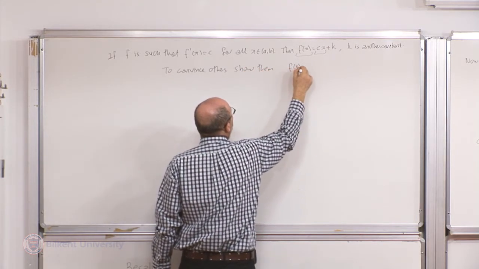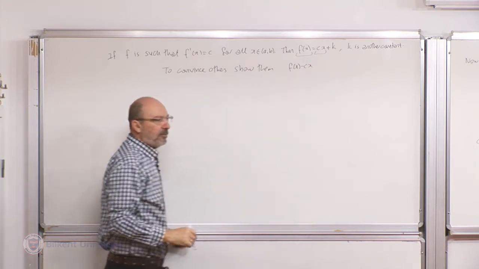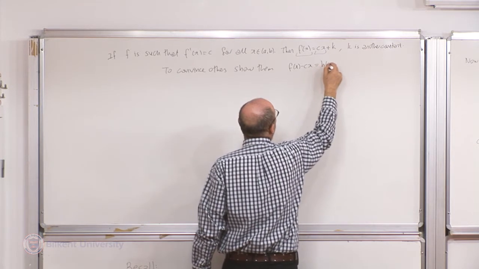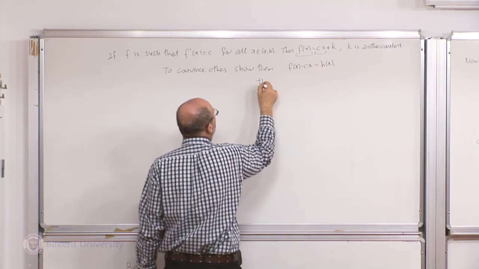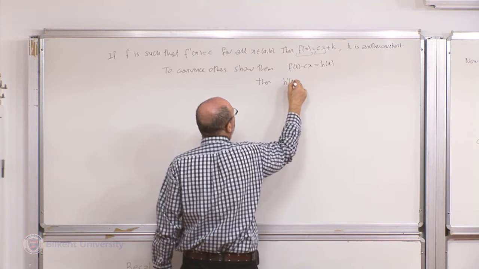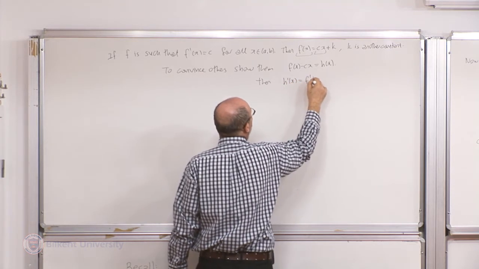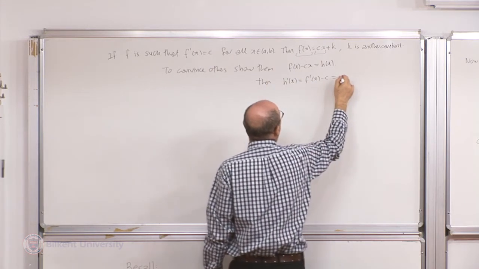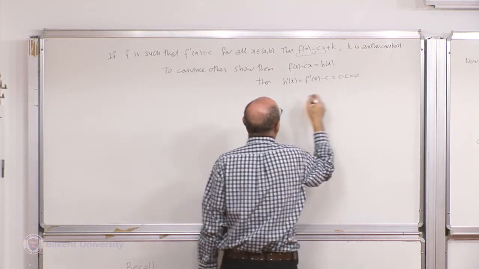f of x minus cx. Okay, so this is the function, say h of x. Then h prime x is equal to f prime x minus c. F prime is always c, so this is c minus c equals 0.